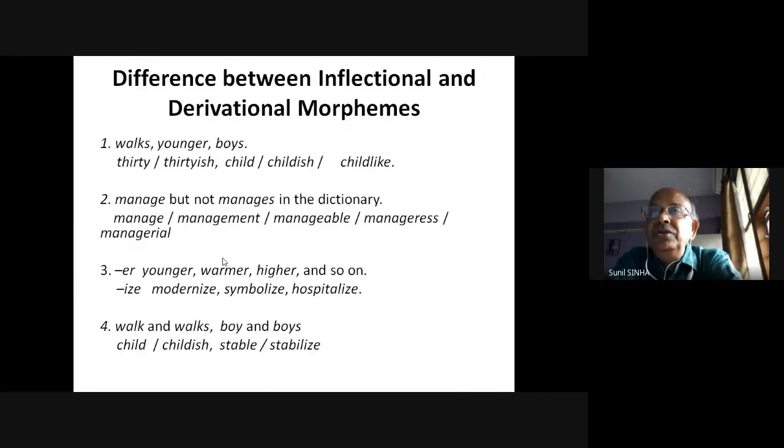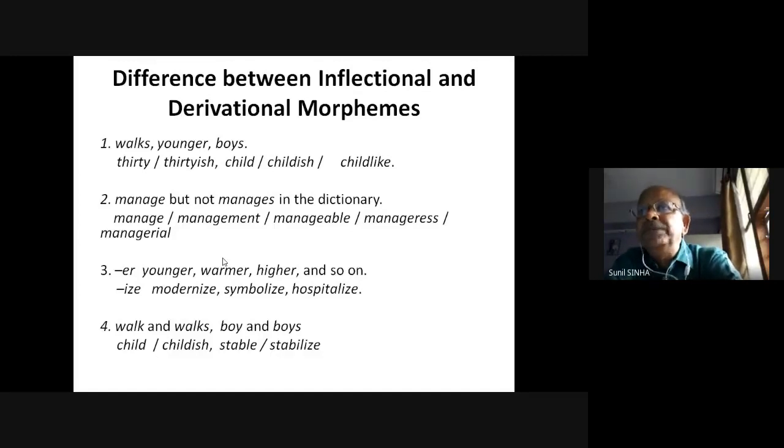So a derivational morpheme can change, or it may change, the grammatical category of a word. The derivational morpheme may change the part of speech of it. Like -ize. Stable is an adjective. We add -ize to stable and we get stabilize.